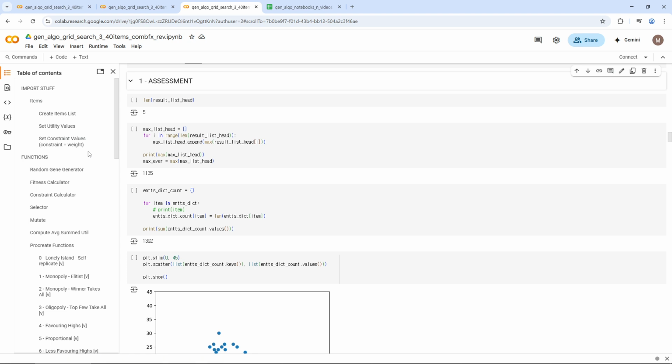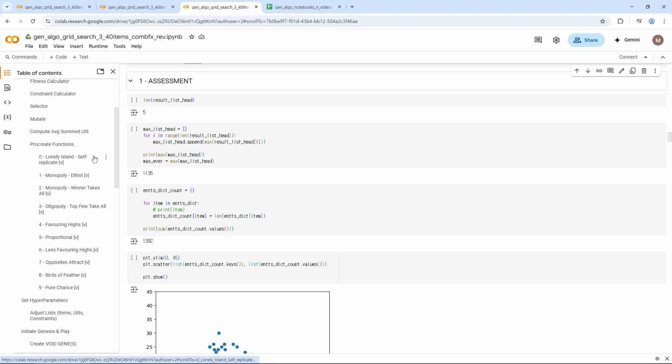It will be two in this notebook. For example, the Lonely Island plus the Monopoly Elitist combined, switching from one to the other after some generations, or maybe even randomly selecting which procreate function to use for that generation.